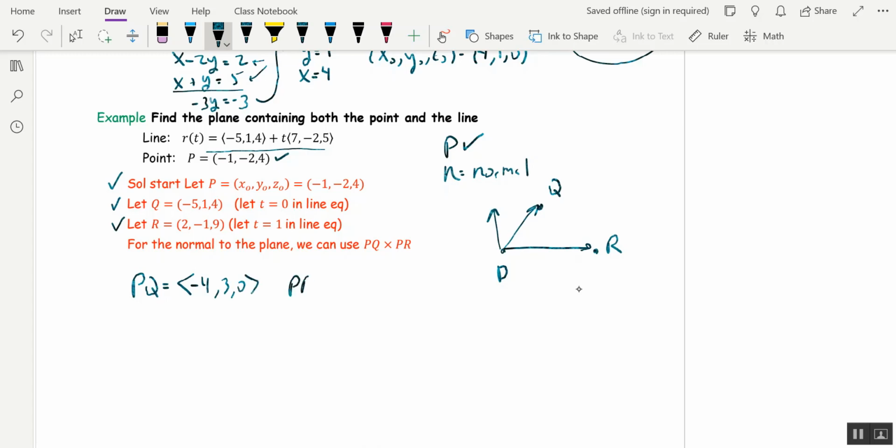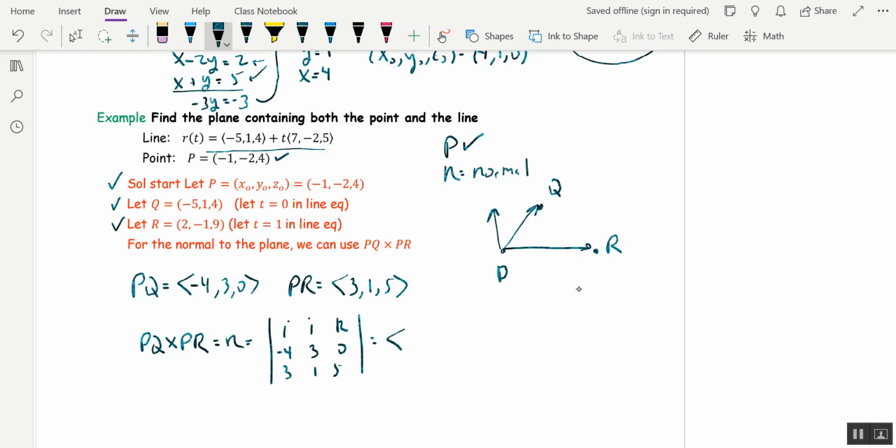And for PR, I take the R's minus the P's. That's going to be 3, 1, 5. And PQ cross PR will be my normal. And that's i, j, k, negative 4, 3, 0, 3, 1, 5. You should pause and see if you can do that cross. You should get 15, positive 20, negative 13.